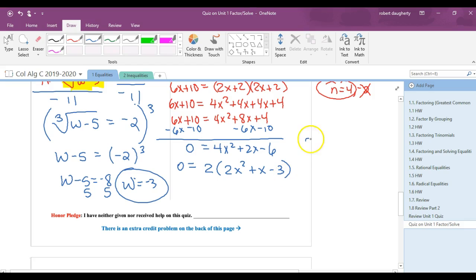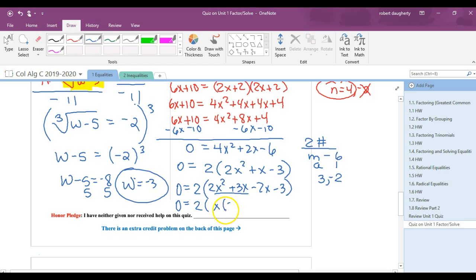This demands that I find two numbers that multiply to negative 6 and add to 1. Those numbers are 3 and negative 2. So 0 equals 2 times 2x squared plus 3x minus 2x minus 3. Factor by grouping: x times 2x plus 3 minus 1 times 2x plus 3.